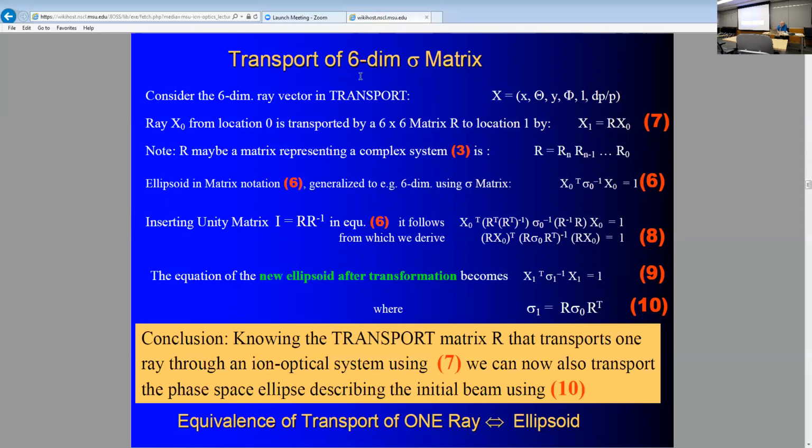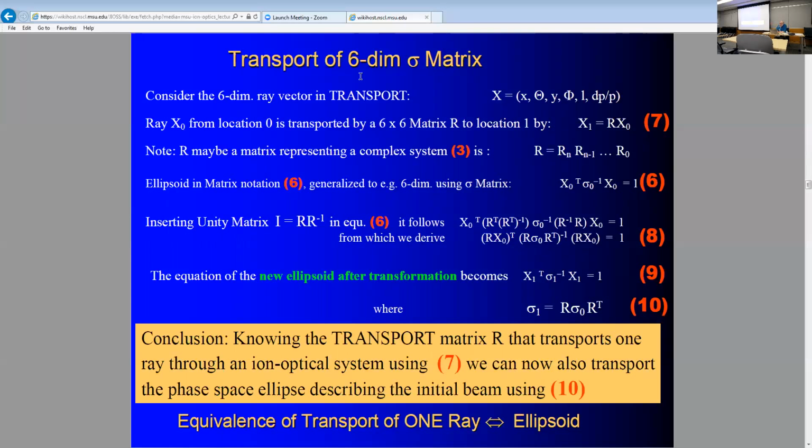So this is a vector of the ray at the entrance, the vector of the ray at the exit, and R is the matrix. Now this doesn't work only for one element, but this can be a very complicated system, but just one matrix. So don't get confused because there are many elements in the system. It's just one matrix and hopefully many zeros.